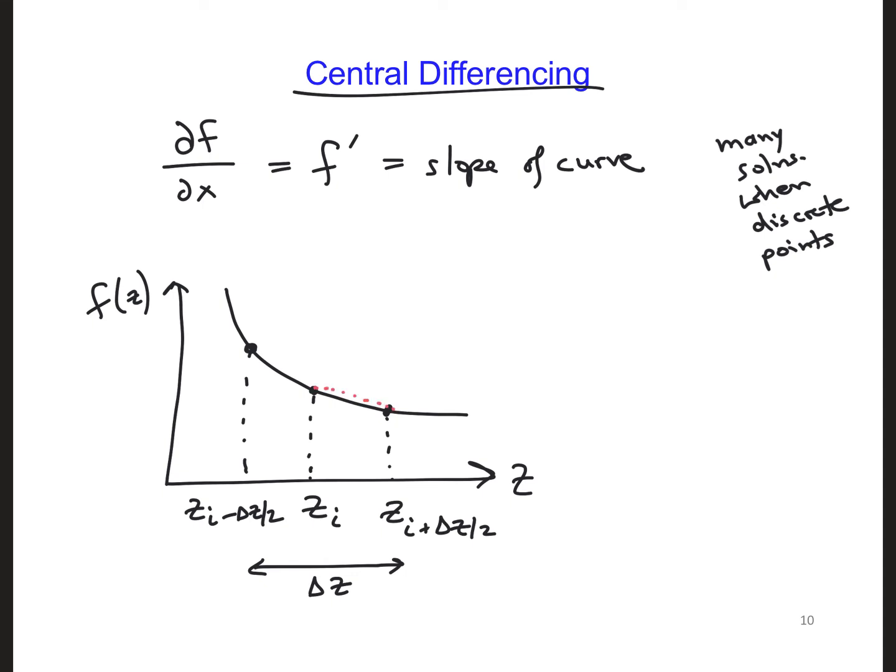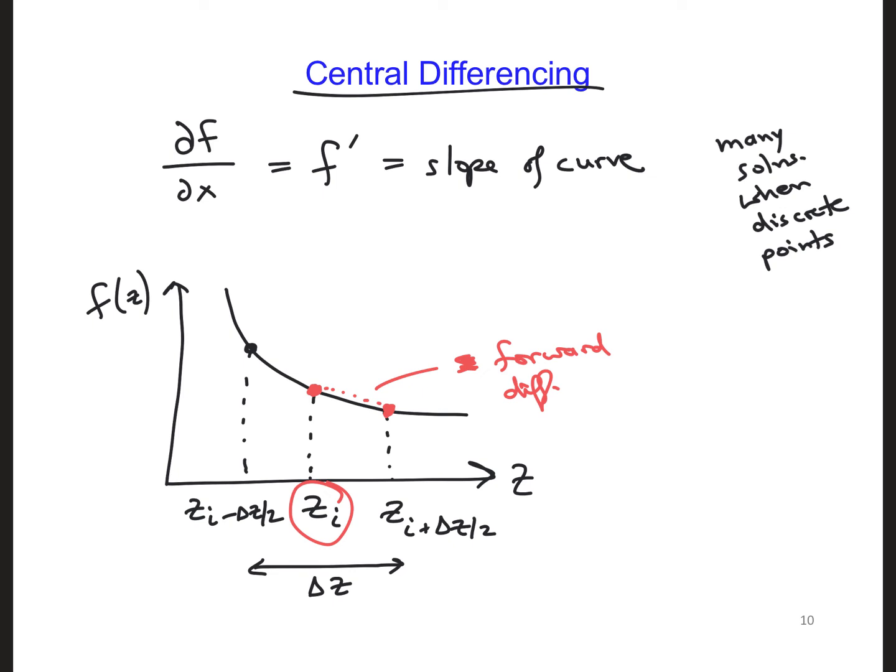And one is this. Forward differencing means we would use a value that is to the right as well as the value right at zi. So we want to evaluate the slope right at this location. We could use a discrete point to the right as well as the value at that location that we want the slope at.